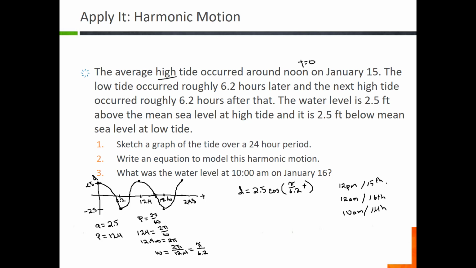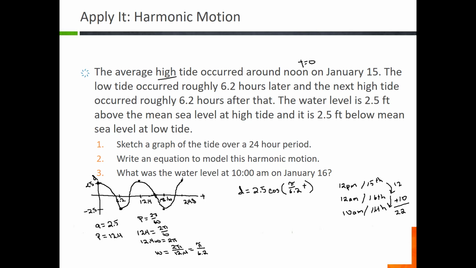So that's 12 hours from noon to midnight, and then another 10 hours from midnight to 10 a.m. So that's a total of 22 hours that we're passing from noon on the 15th until 10 a.m.